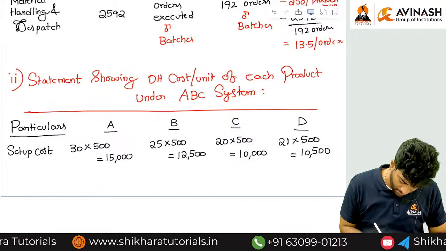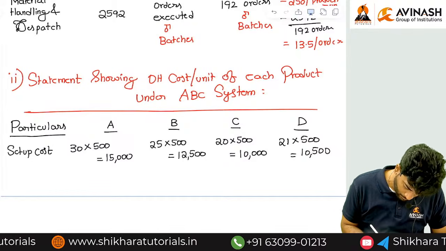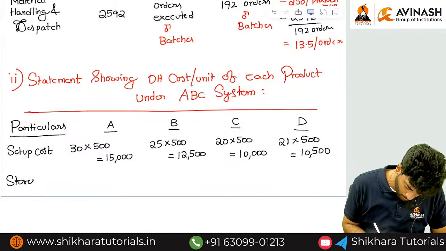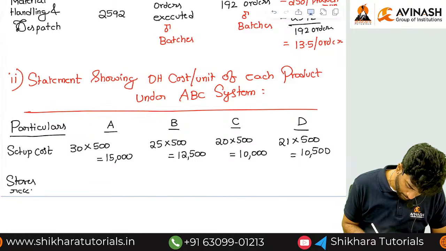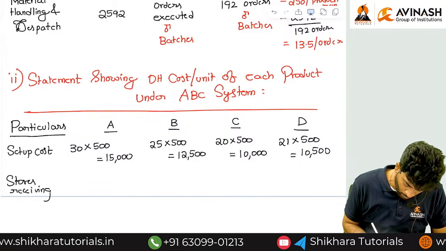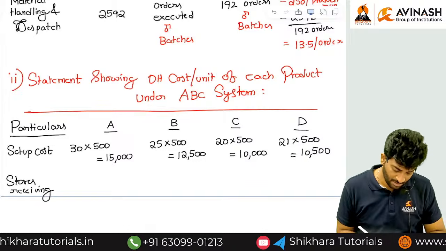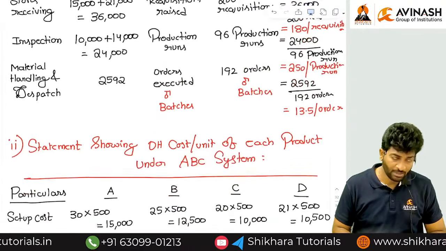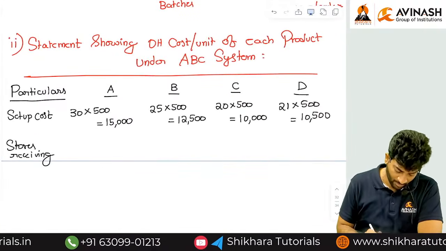After setup cost, for stores receive requisitions, I think 50 per requisition, right? 180 rupees per requisition, ABC rate.